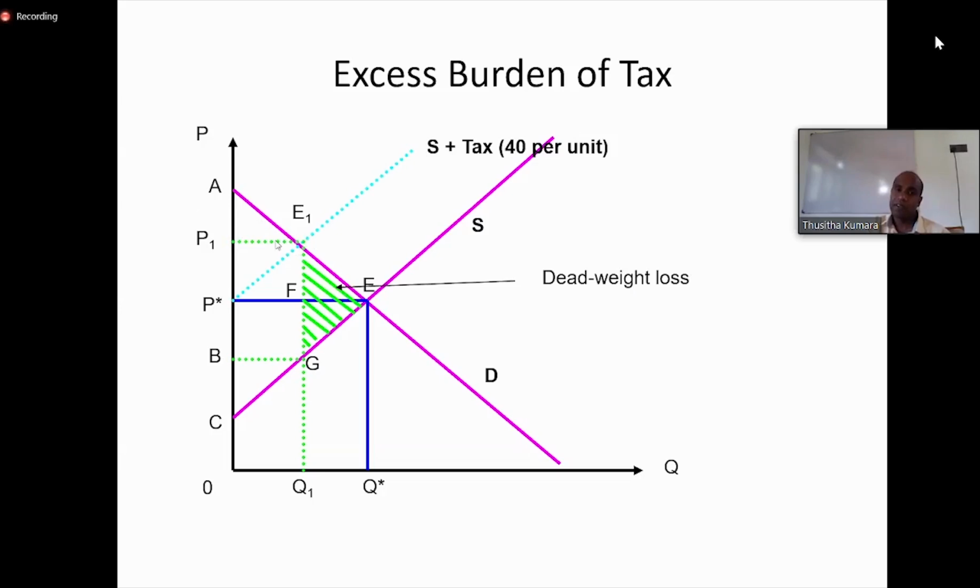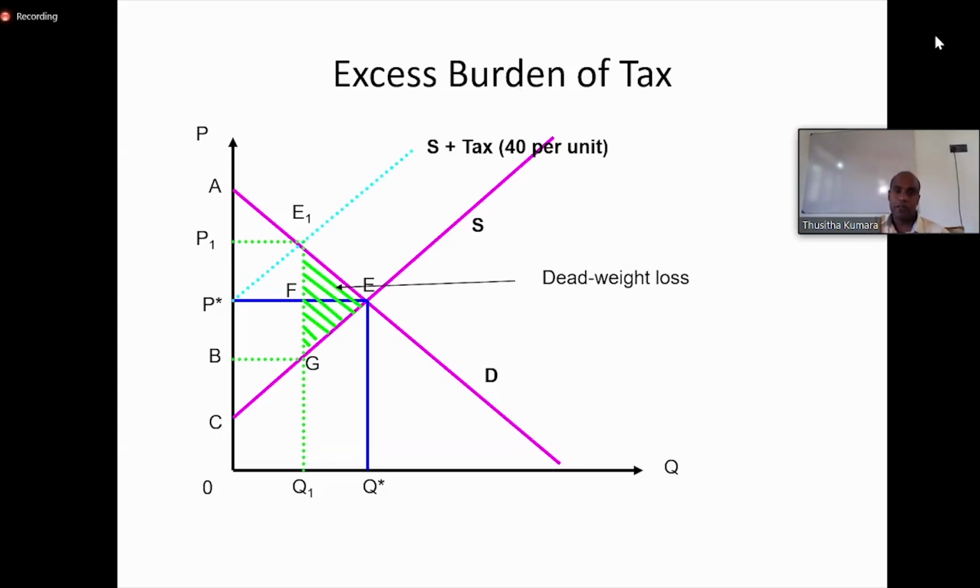Very good, because that is the area above the equilibrium price. This much we are selling, this is the equilibrium price, and this area is the additional gain to the consumer. Then what is the producer surplus after tax, the additional gain to the producer? What is the area of producer surplus?